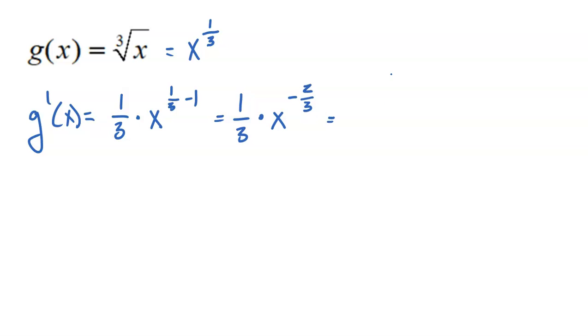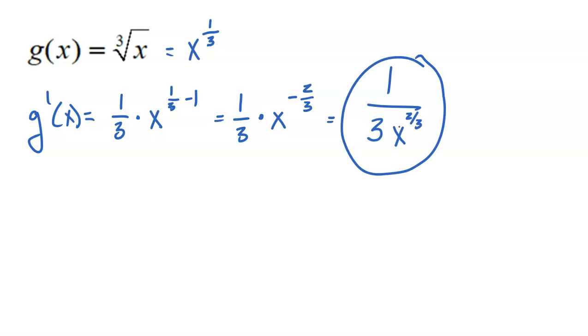Don't like a negative exponent, so I'm going to have that x go down to the denominator to join the 3 with x to the positive 2/3. There is a beautiful, wonderful final answer. And then using that new notation, the derivative with respect to x of the cube root of x is 1 over 3 x to the 2/3.